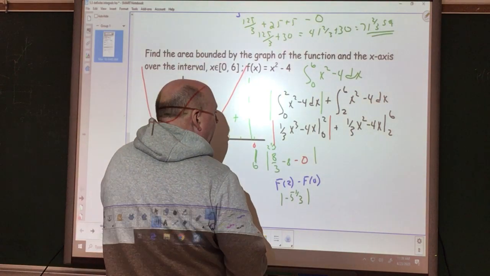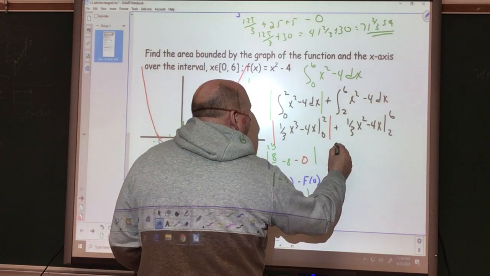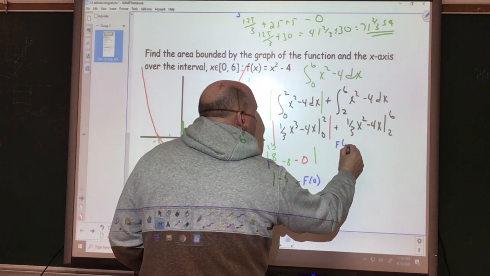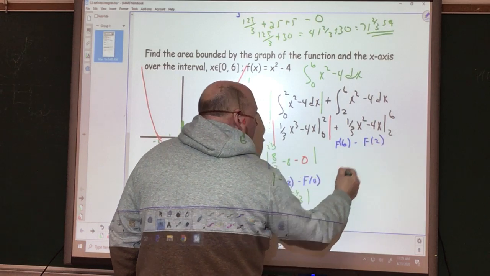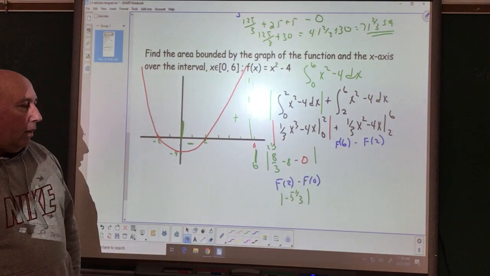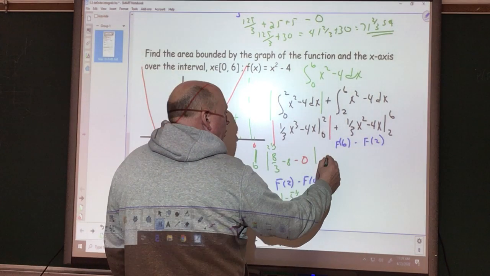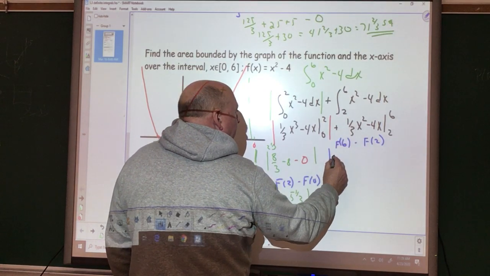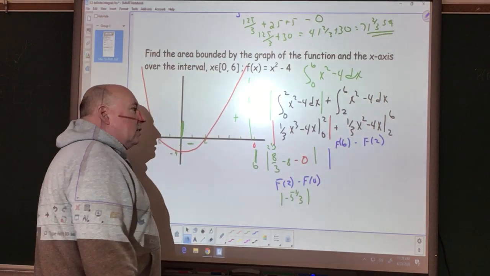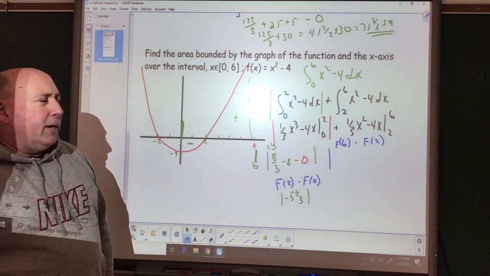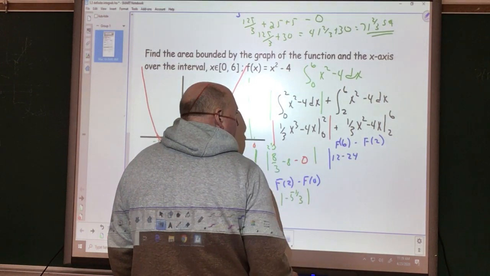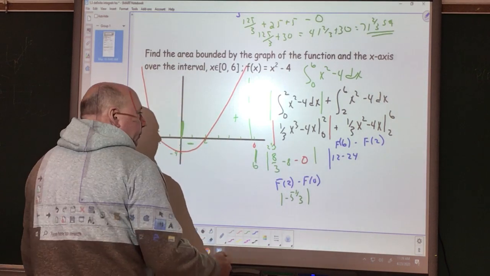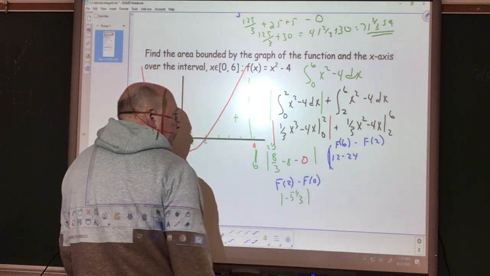Then we come over here and we have to evaluate at 6 minus the evaluation of my antiderivative at 2. So we have 1/3 times 36. So 36 divided by 3 is 12 minus 24. This should just be a parenthesis.